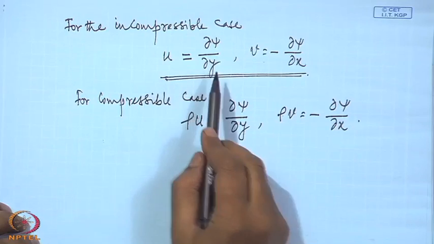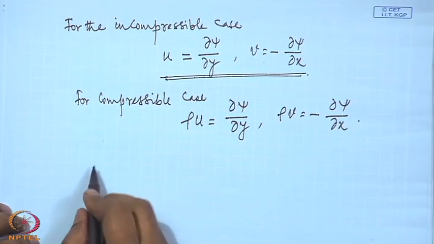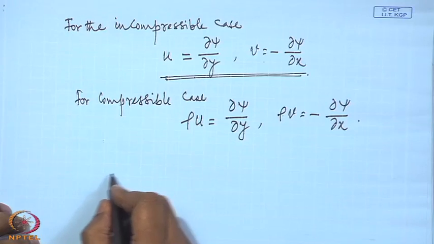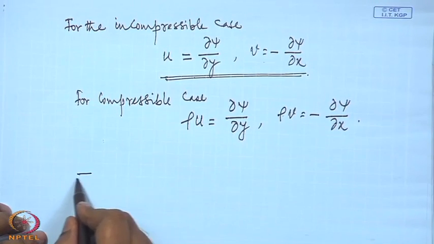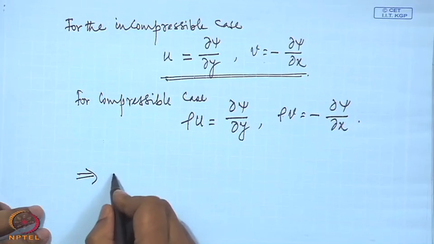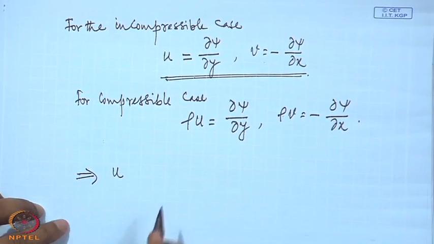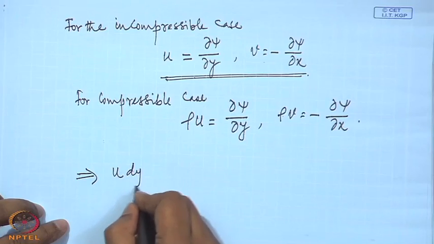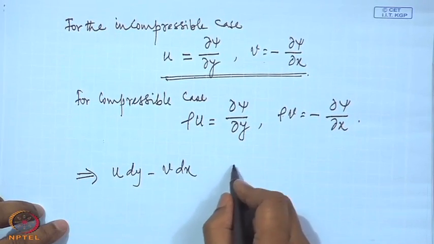This definition suggests that, for the incompressible case, whatever we are writing here is for incompressible, u dy minus v dx is an exact differential.